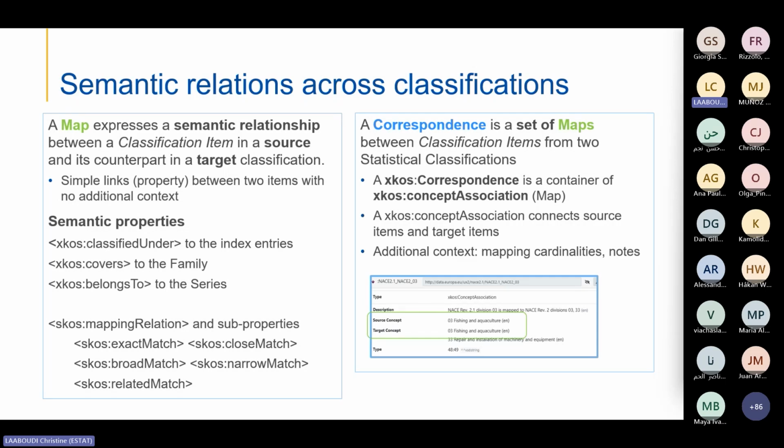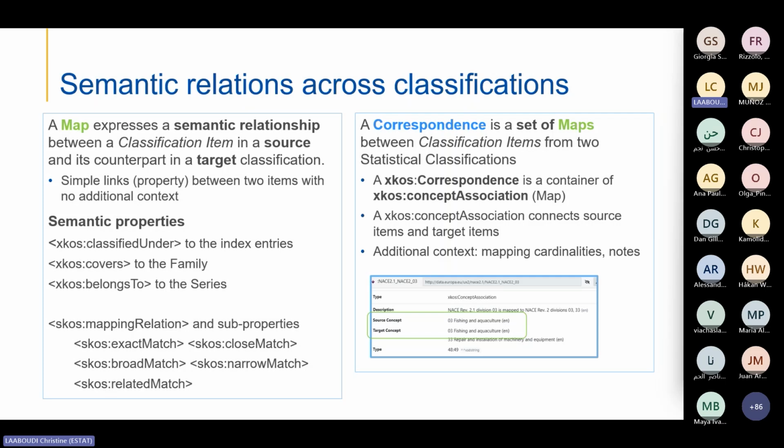So previously we have seen that we can link the scheme, the classification, to the index entries defined in a different dataset, or we can link the concept to the index entries.